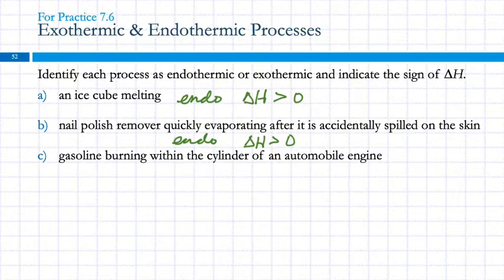The surroundings can get extremely hot, right? So the gasoline is burning. Is it releasing heat into the surroundings, or is it taking it in? It's releasing. So this is an exothermic process, and delta H then is less than 0. It's negative. Because for the system, the energy's leaving.